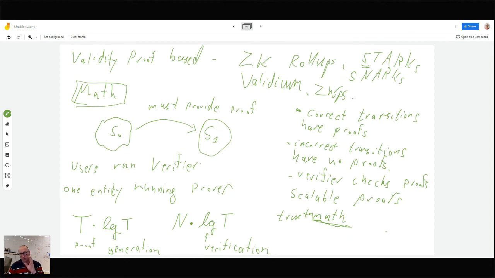Some of them, though not Starks, some Snarks also need a trusted setup. But when we talk about Starks, there is no trusted setup. So I'm just going to put an X on that, because in the case of Starks, all you need to trust is the math.